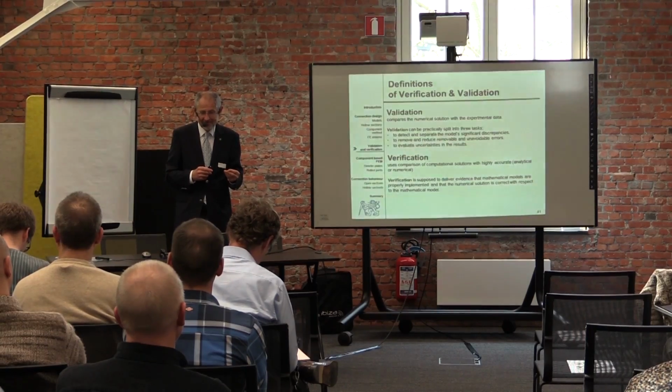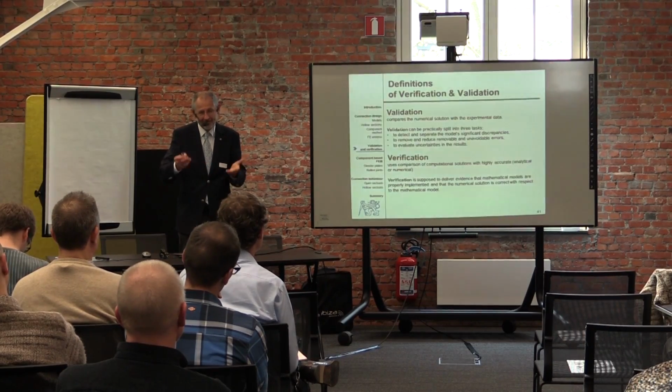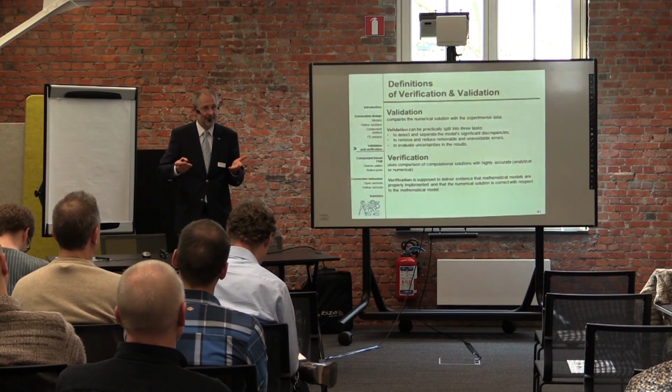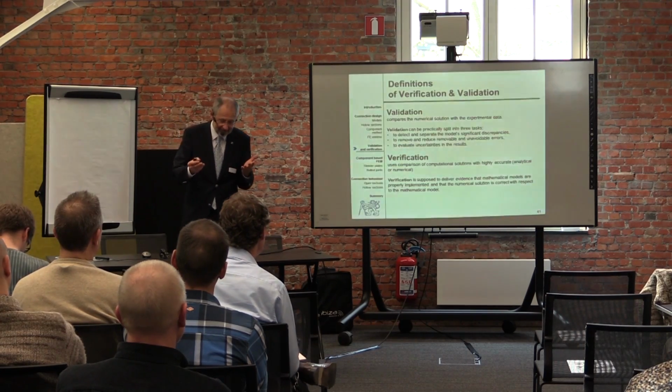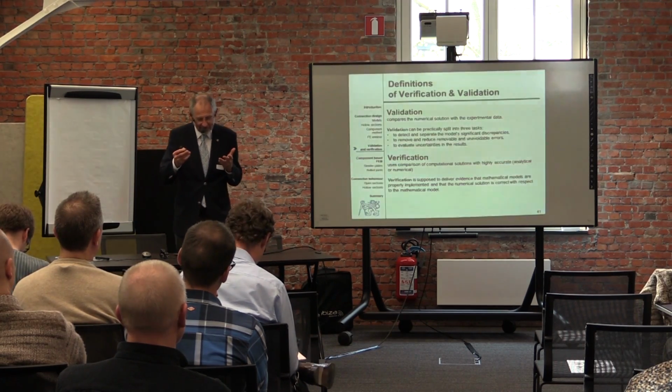To summarize this briefly, validation is to compare your model against the experiment. And verification is to compare your model against another model, which looks like nonsense, which looks stupid, comparing model to model, which has nothing to do with reality. But it has a sense, and I would like to explain it.